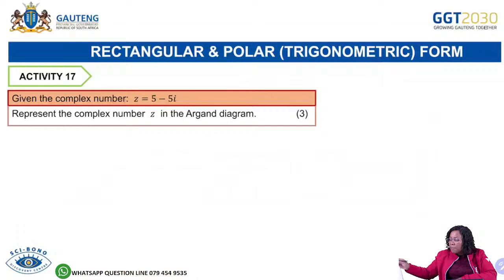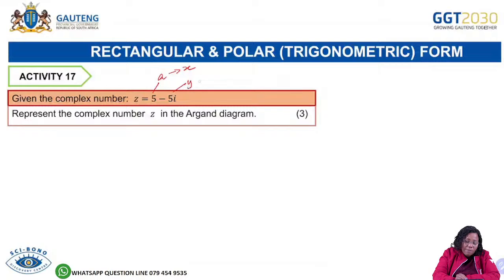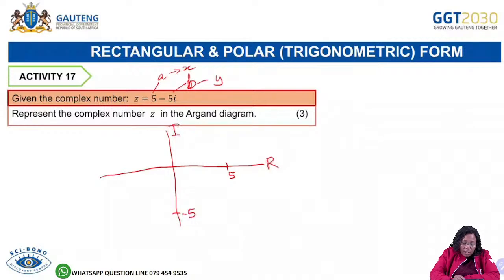And then now they say represent this on an Argand diagram here. So we must know this one is the a value. It is represented on the x. And then this one is the y value, is the b value, which is represented on the y. So now basically, if we are drawing this Argand diagram, you can see that a is positive 5 on x, and then the y is negative 5 on the y, and then this is the real and the imaginary axis.